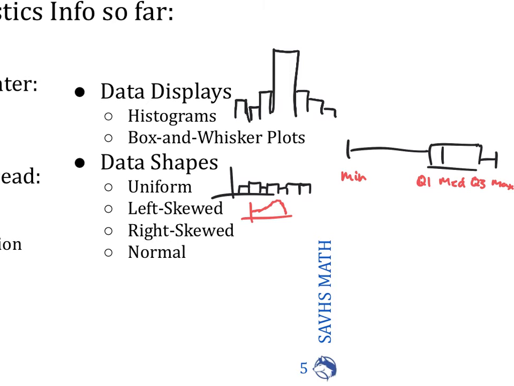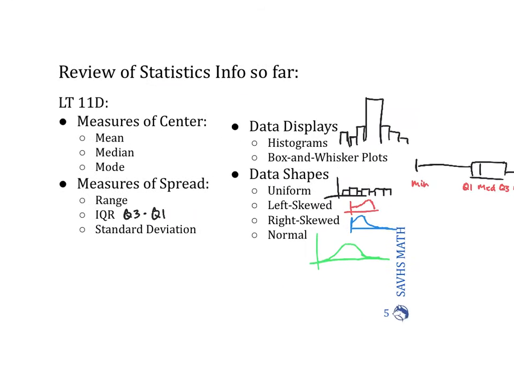So kind of like that. Right skewed is the opposite. It goes the other way. Something like that. Okay, and then normal distributions are symmetrical and bell-shaped, like that. Okay, so yeah, those are the data shapes.